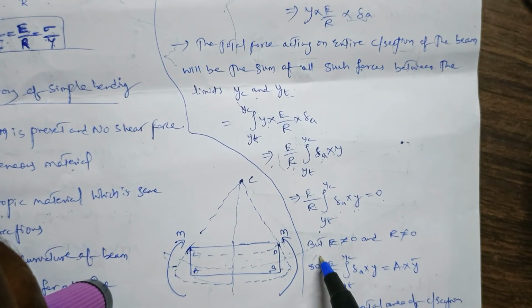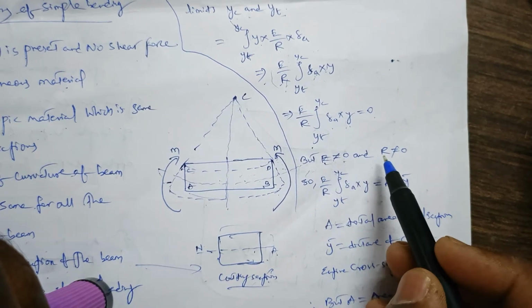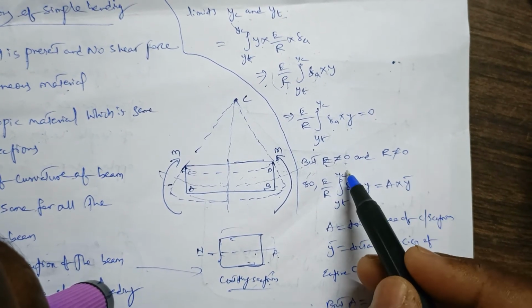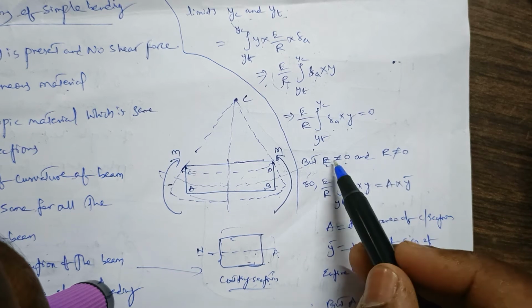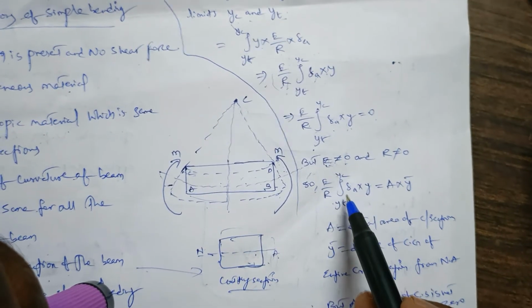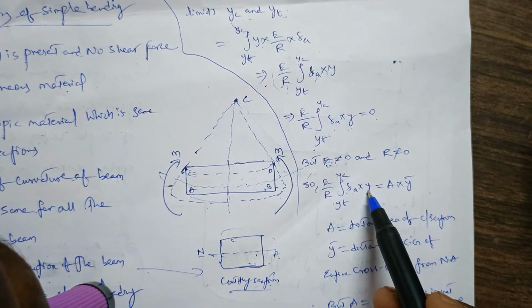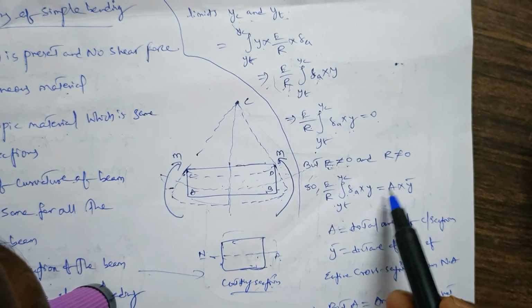But here the condition is that E is not equal to 0 and r is not equal to 0. So E by r into the integration of sigma a into y is equal to zero.